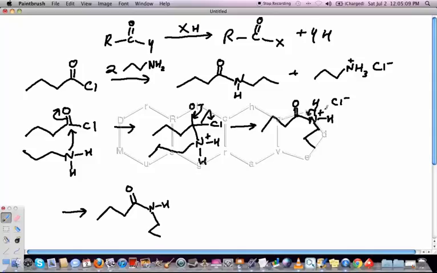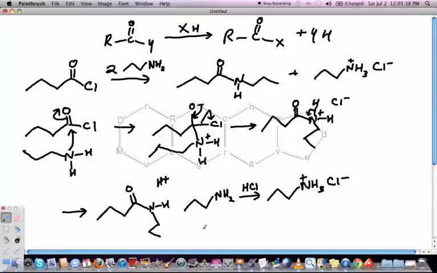As you can see, we formed H plus and Cl minus, which will add together to give HCl. Now the HCl then will react with the other equivalent of amine, to give an amine hydrochloride salt.